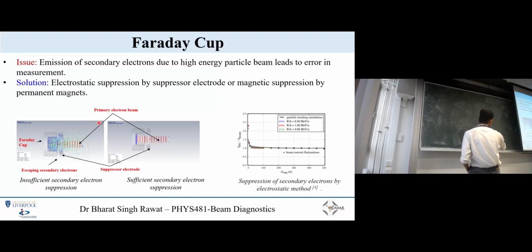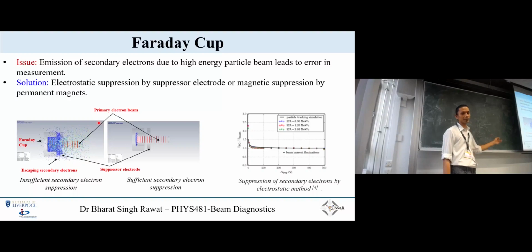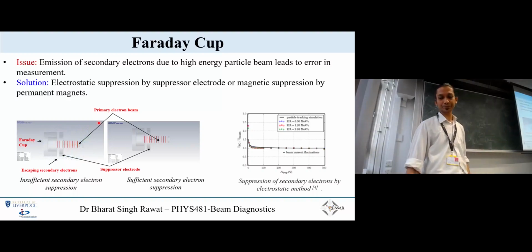If your incoming particle strikes the surface, it will create secondary electrons. But their geometric path length to escape the surface is increased by increasing the length. So eventually they will be recaptured by the surface of the Faraday cup. So this is a very common device used in all kinds of particle accelerators.